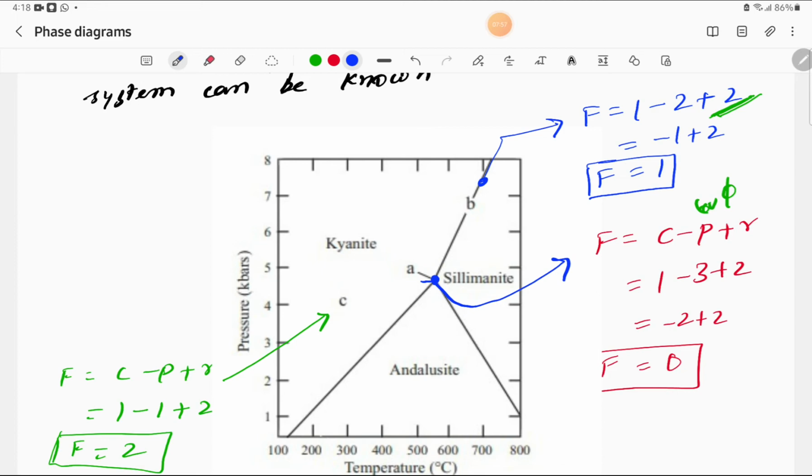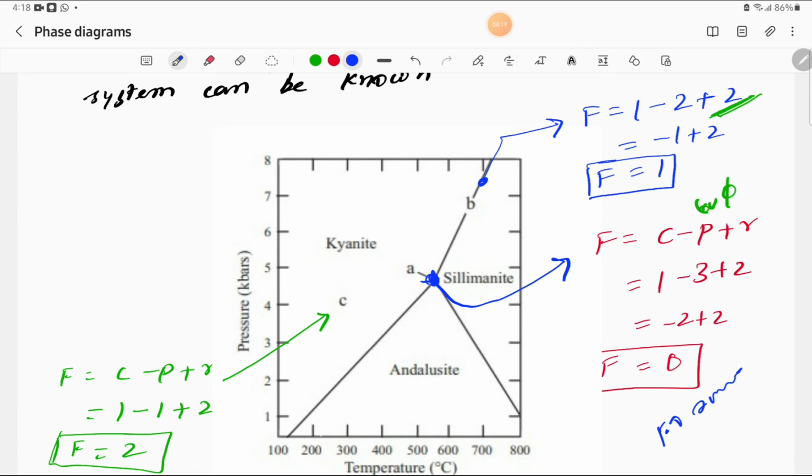So the degree of freedom is 0. When the degree of freedom is 0, it is called invariant. That is, it cannot move freely in this system. It cannot go anywhere. It is fixed at this point and only this point. When it tries to move away, the degree of freedom changes.